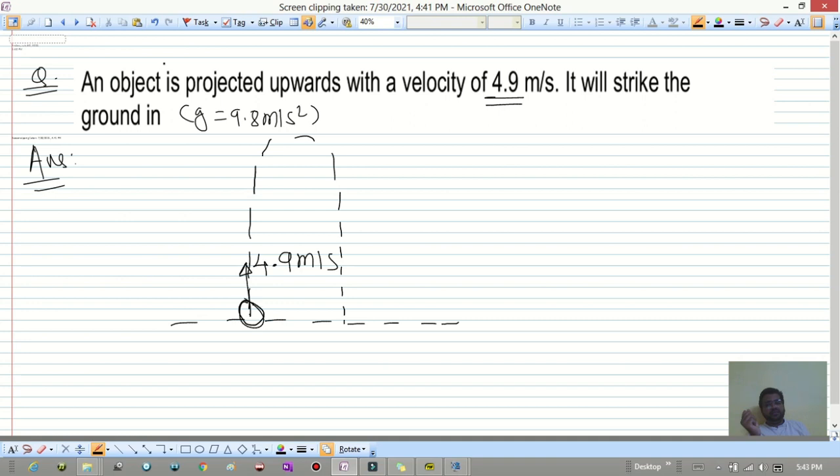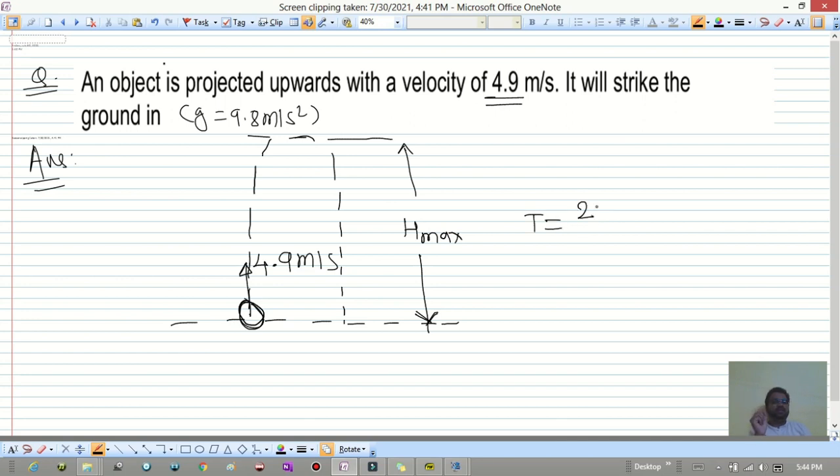Because it will go upward till the maximum height, and then it will fall back towards the ground. Whatever time is required for its upward journey is the same time required for the downward journey. Then this is called the time of flight.